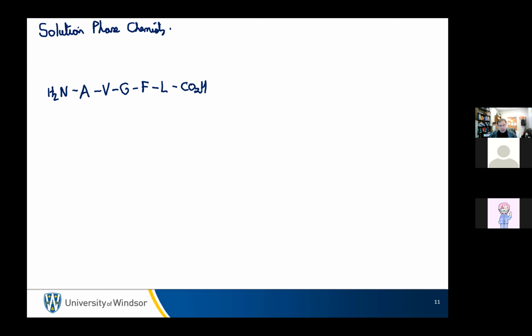So let's say I wanted to build this molecule and I want to use a solution phase synthesis approach. How would I go about doing it? I want to make this molecule using chemistry.